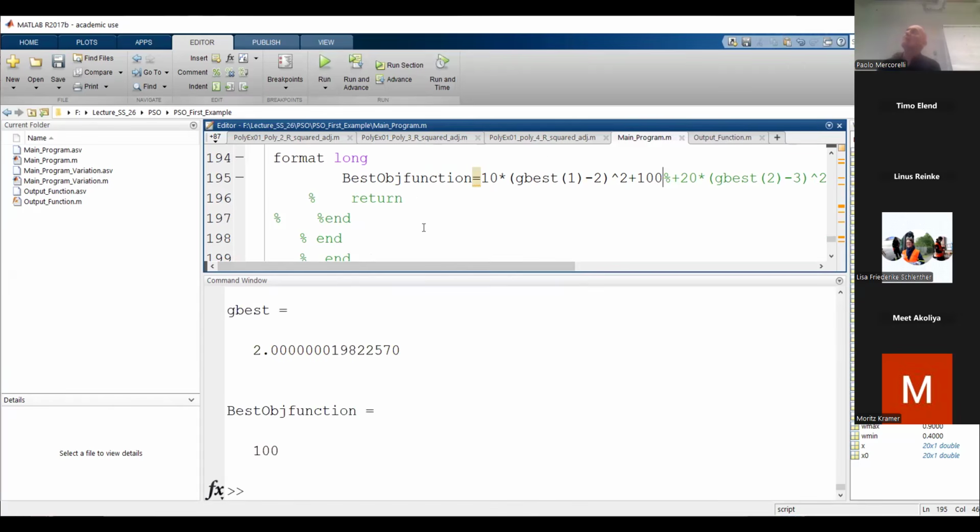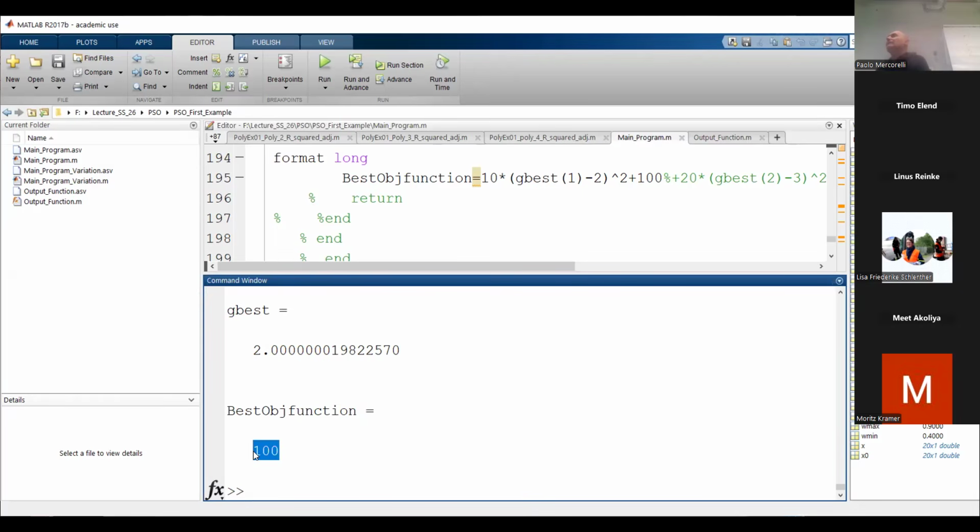the precision. We can use VPA. Look, 100, it is approximated. It's a little bit strange, this approximation. I cannot clarify why. It should not be 100, it should be something more.